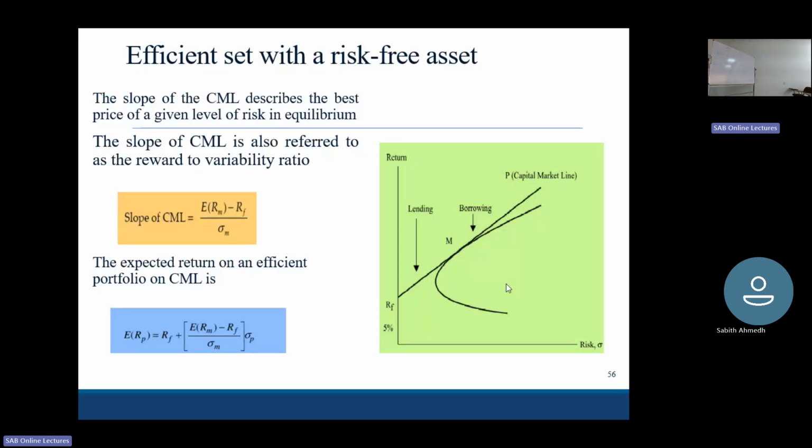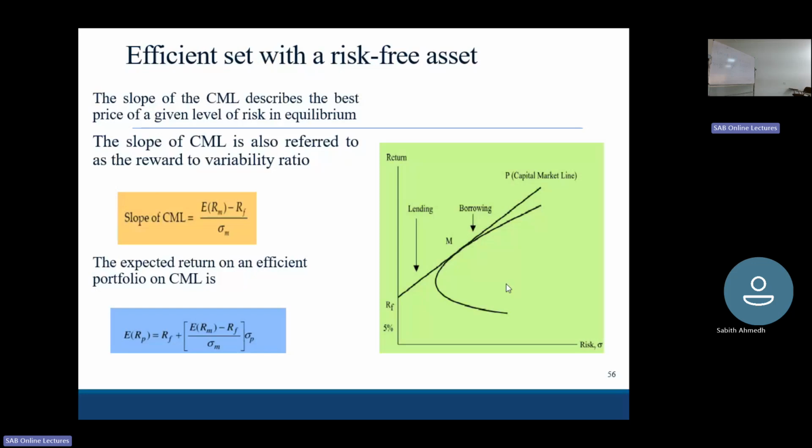You know how to calculate standard deviation for a normal portfolio; the same formula you can apply to the market. That will provide the slope. So the expected return on an efficient portfolio is equal to the risk-free rate of return plus the risk premium.